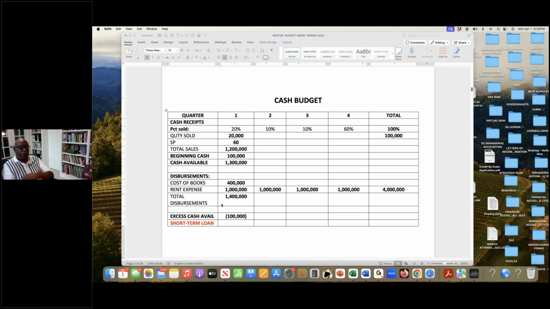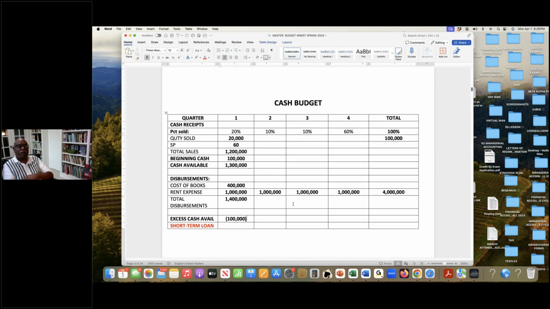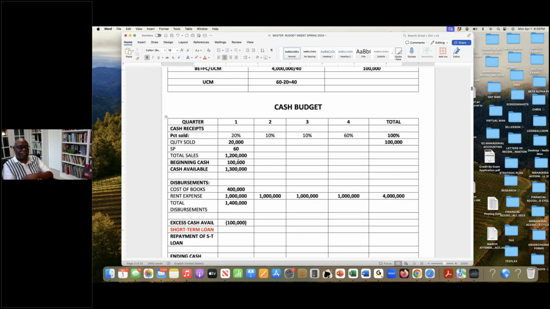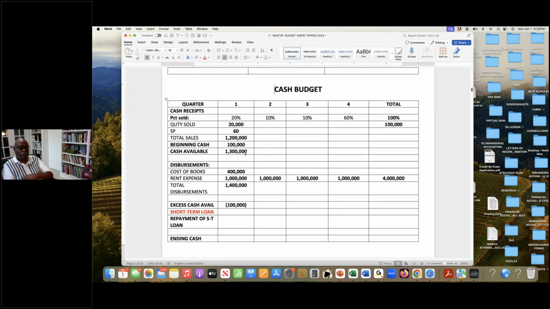You go to your landlord with part of your rent, what's going to happen? Okay, we're short 100,000. Our ending cash balance has to be 100,000.